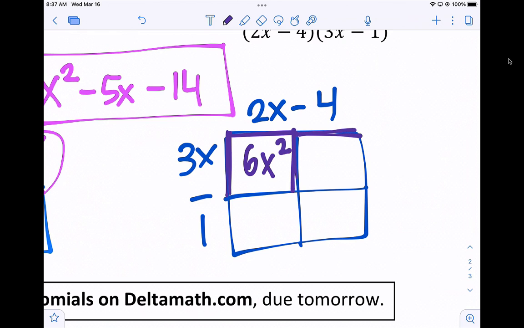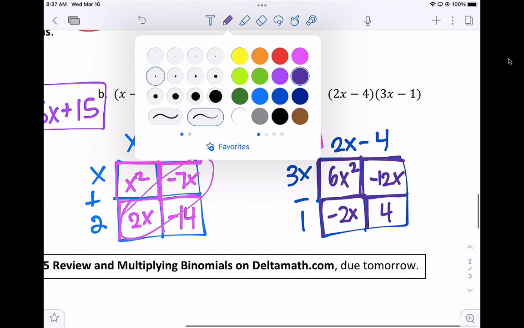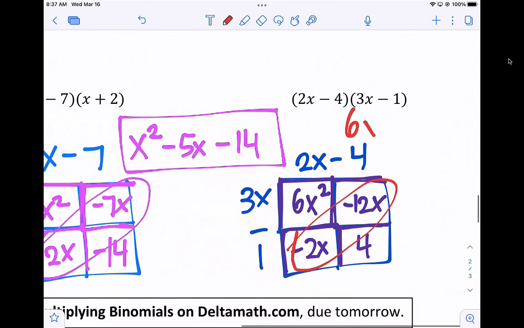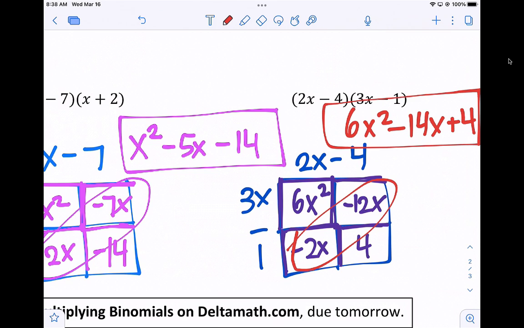Negative 4 times 3x is negative 12x. 2x times negative 1 is negative 2x, and negative 4 times negative 1 is 4. So there's what it looks like. We'll combine like terms right here. We got 6x squared minus 14x plus 4, and there is our answer.